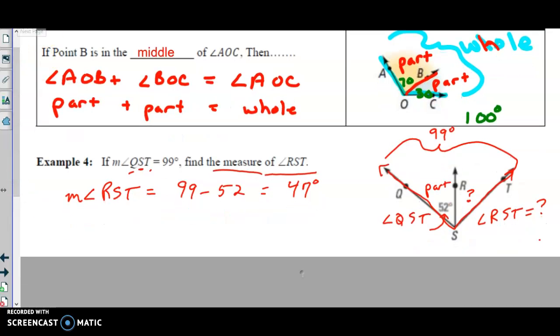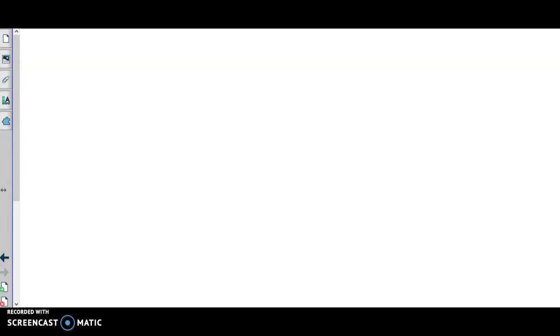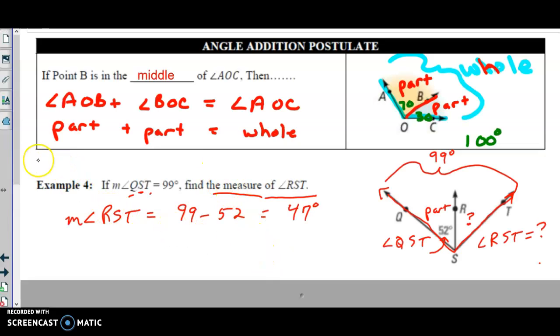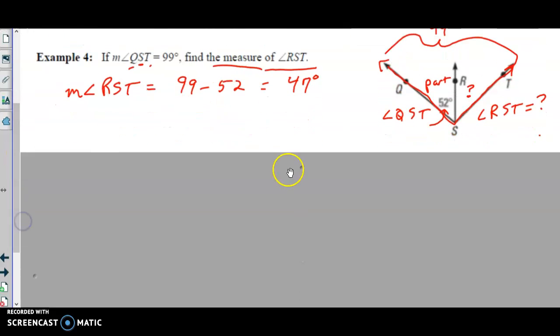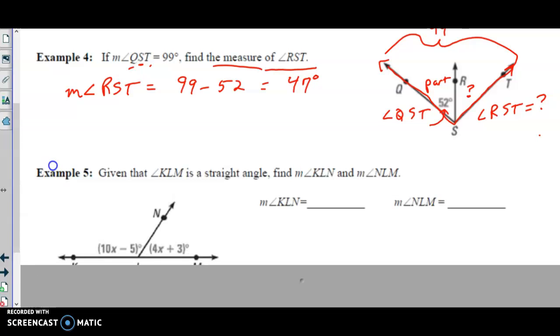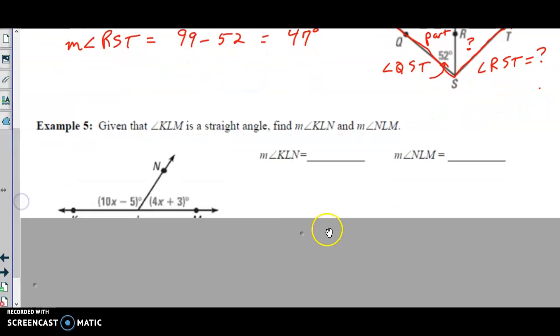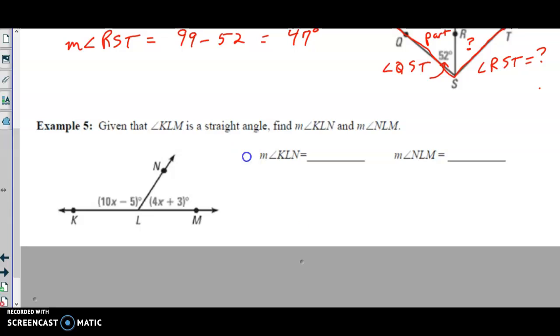Okay, we have one more example. Oh, where'd it go? There it is. Example 5. Given that KLM is a straight angle, find measure of angle KLN and measure of angle NLM. All right, KLM.